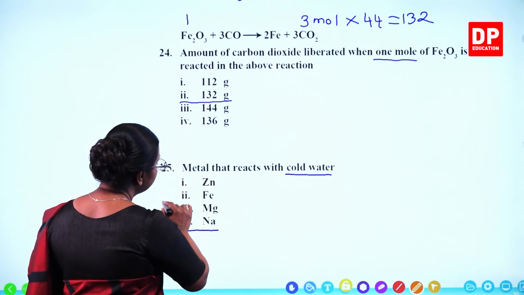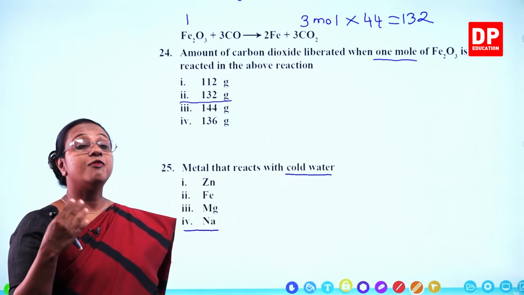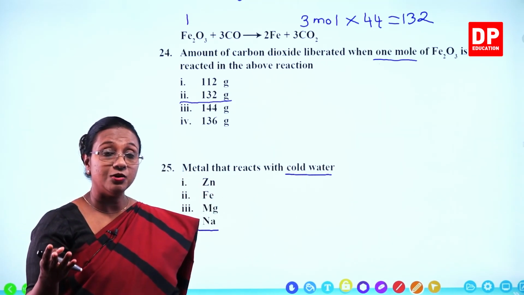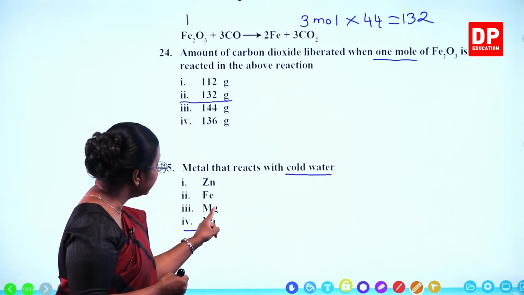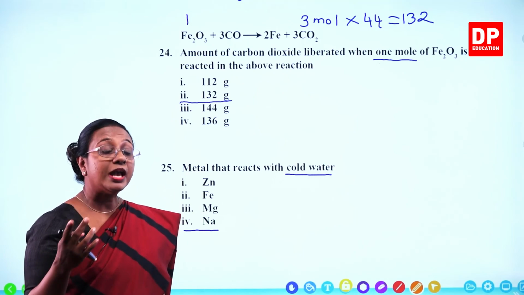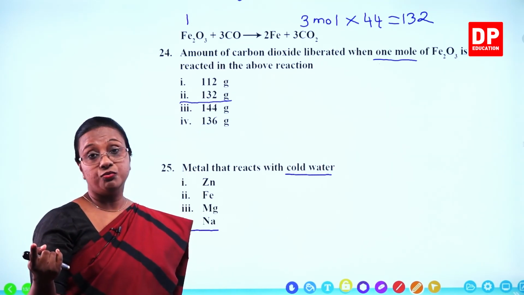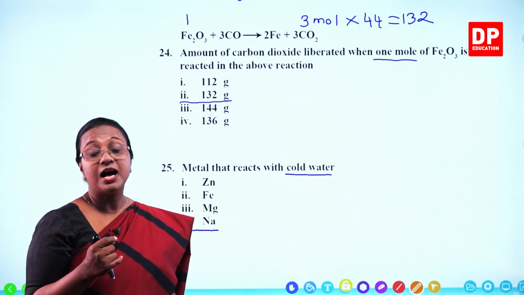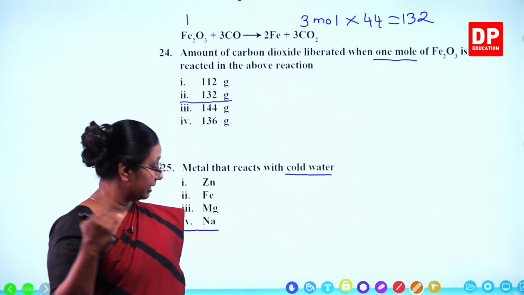Now, and also here you should remember when zinc reacts with steam, it forms zinc oxide, ZnO, and evolves H2 gas. But when iron reacts with steam, you can remember, students, it forms Fe3O4 and evolves hydrogen gas. So you should be able to recall all the reactions.